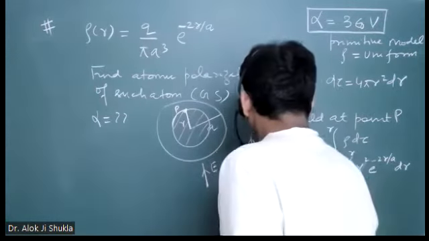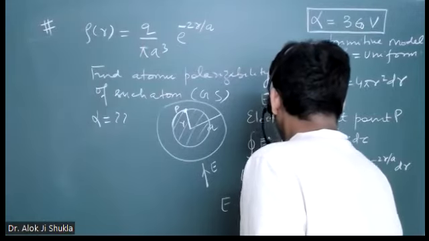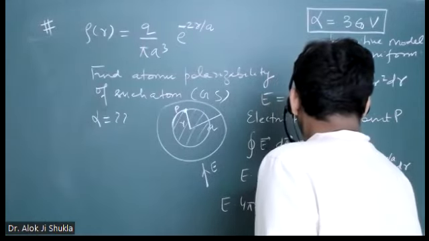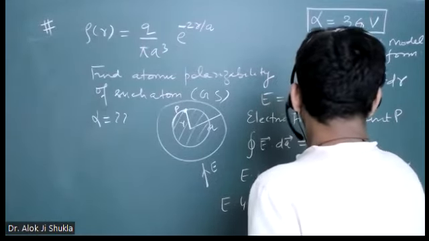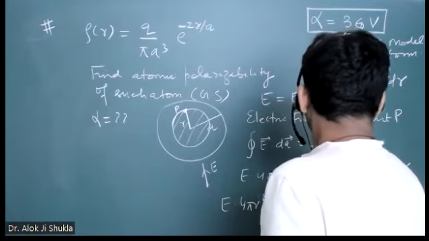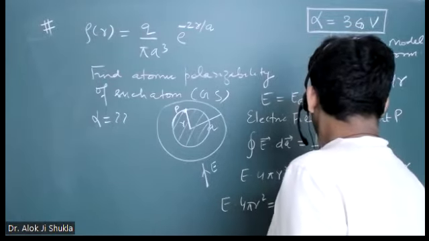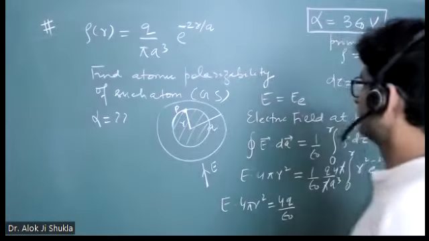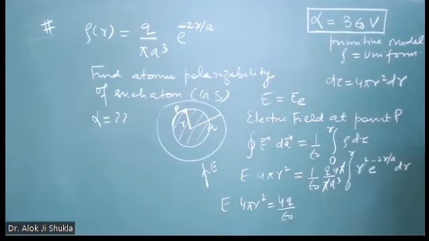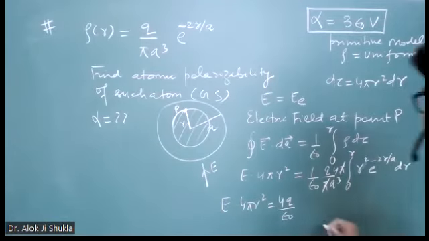So E into 4 pi r square is equal to, pi and pi will cancel, 4q by epsilon naught a cube.